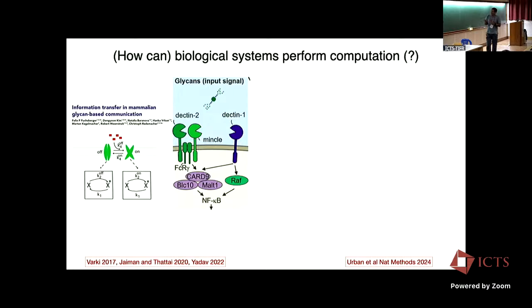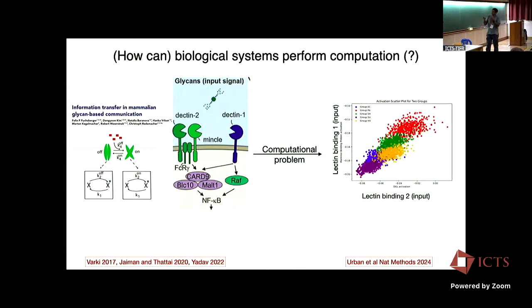One minimal way to pose this as a computing problem is to think about the amount that lectin 1 and lectin 2 bind as inputs to some signal transduction pathway.